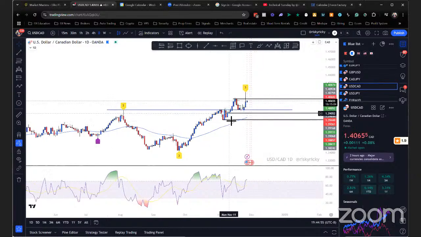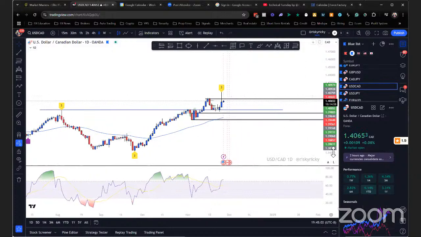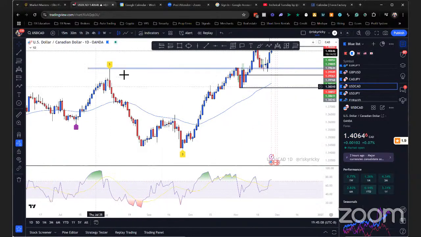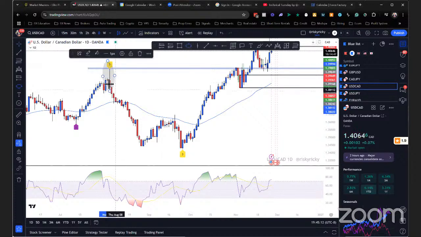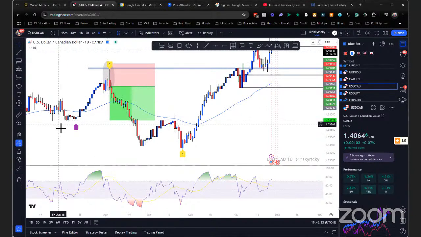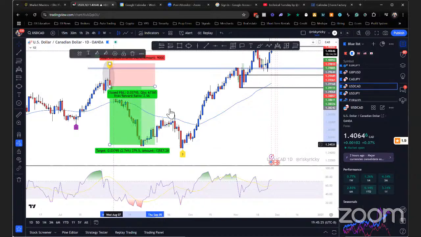It is uptrend formation, even though it did have a strong wick like that, I don't really like it too much, but it's a bullish wick. It's not a bearish one there. So when it's bearish like this here, that's a bit more concerning. Usually when it's a bearish candle close like this, a shooting star formation, that's usually when you'll notice the market reverse. You'll catch previous lows or even lower.